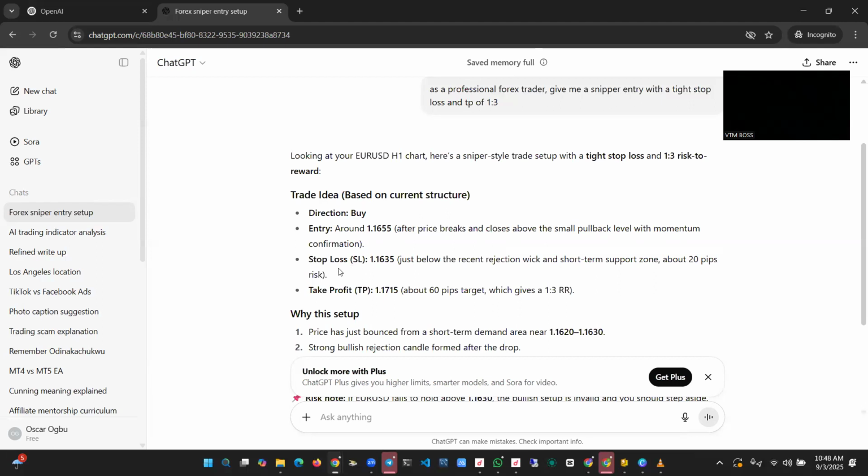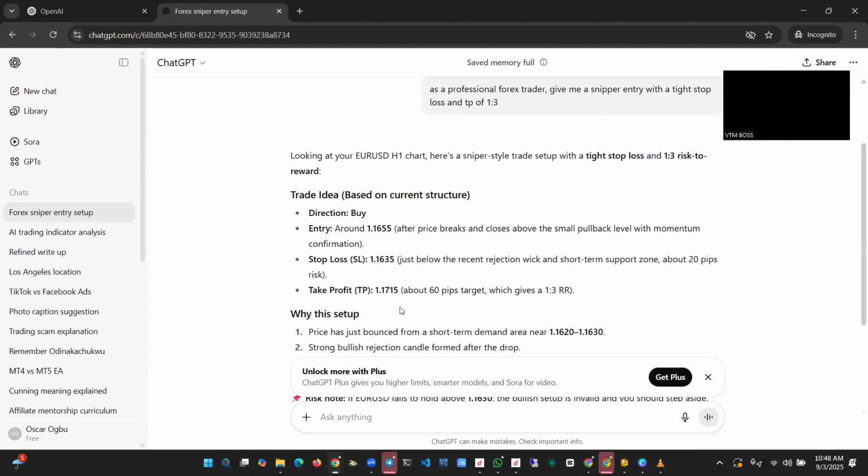Can you see that? The stop loss, it has given you where you will put your stop loss, just below the recent rejection wick and short-term support zone, around 20 pips risk. TP has also given you where you are going to enter your TP, about 60 pips target, which gives 1:3.